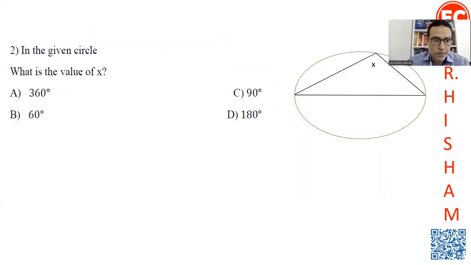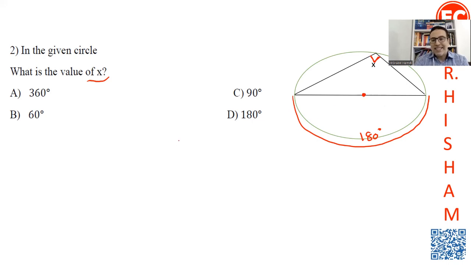Regarding the second one, in the given figure, what is the value of x? This point is the center of the circle. Since this is a semicircle, its measure of arc is 180 degrees. So the angle opposite to it is half the measure of the arc.